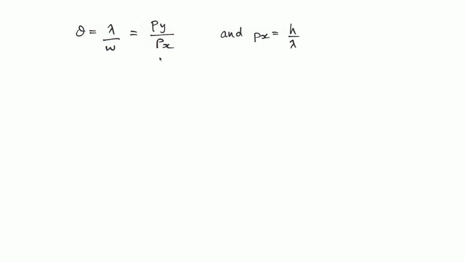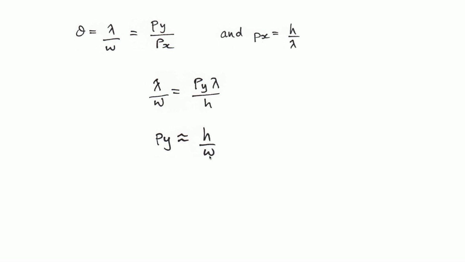So hey, we actually know what px is. So we can sub this in here, and we can say, py times lambda over h equals lambda over w. So look at these two lambdas. They're going to cancel out because they're the same thing. And we get that py is approximately equal to h over the width of the slit.